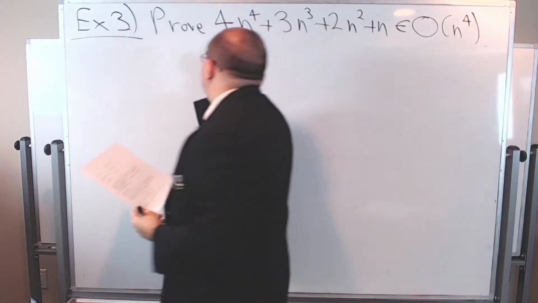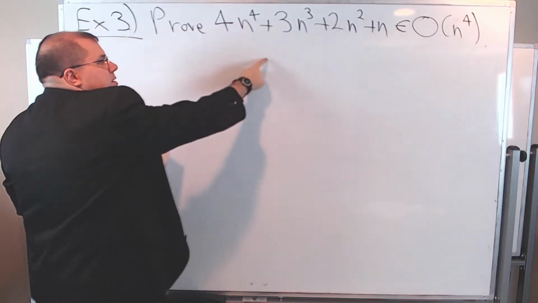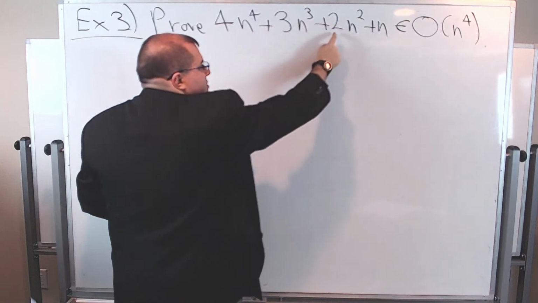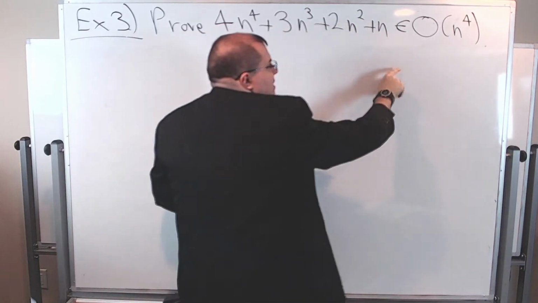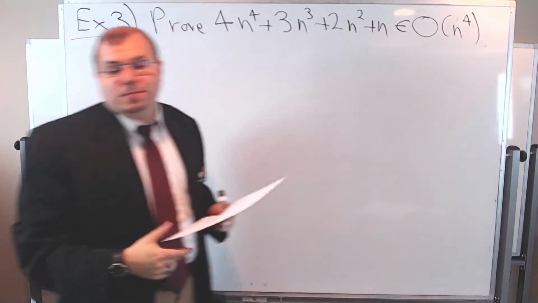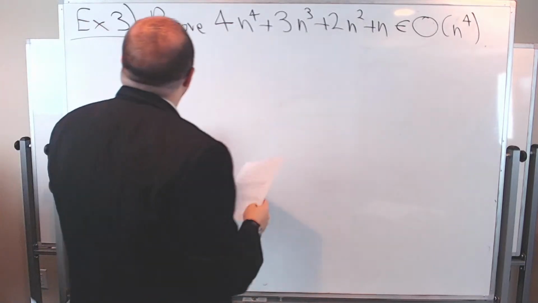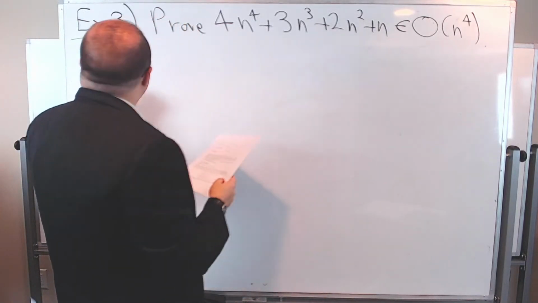So I want to prove that 4n to the 4 plus 3n cubed plus 2n squared plus n is big O of n to the 4, or n to the power of 4.